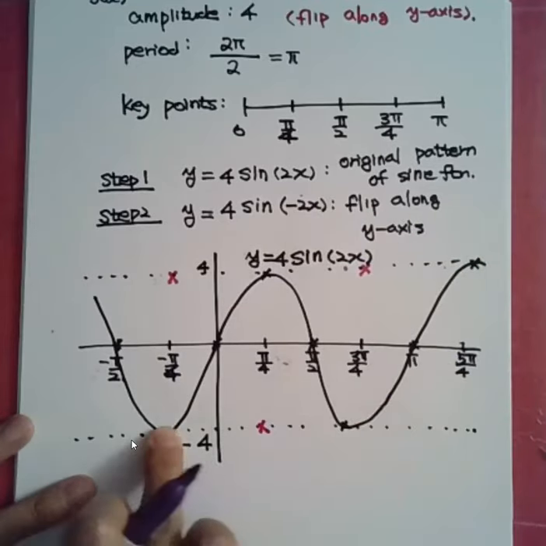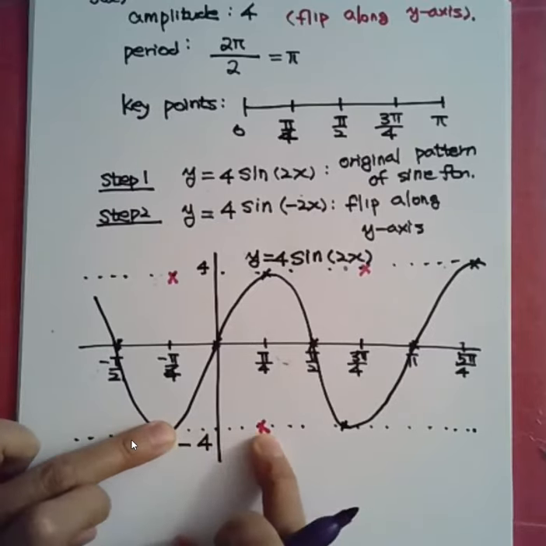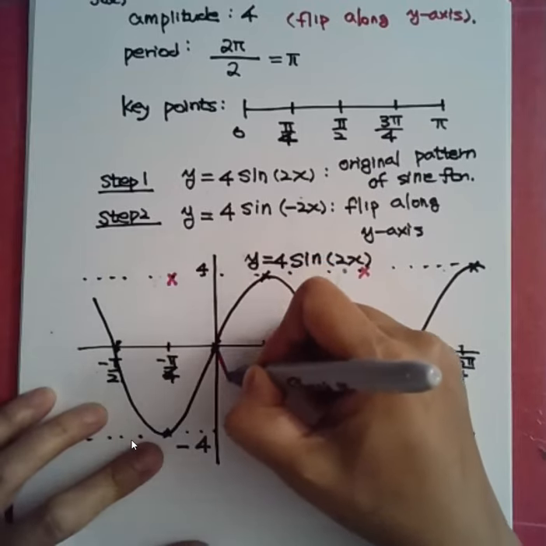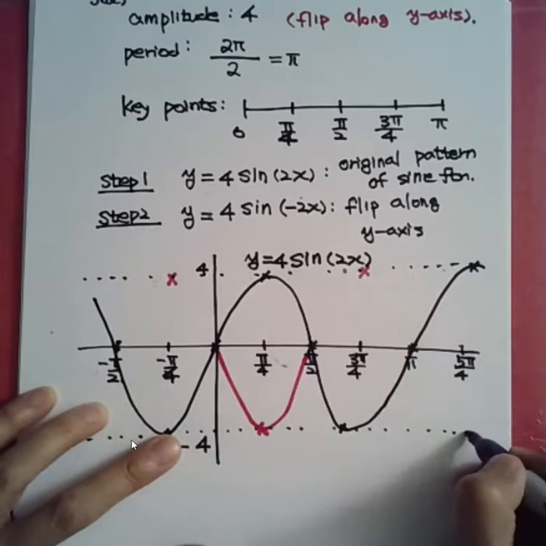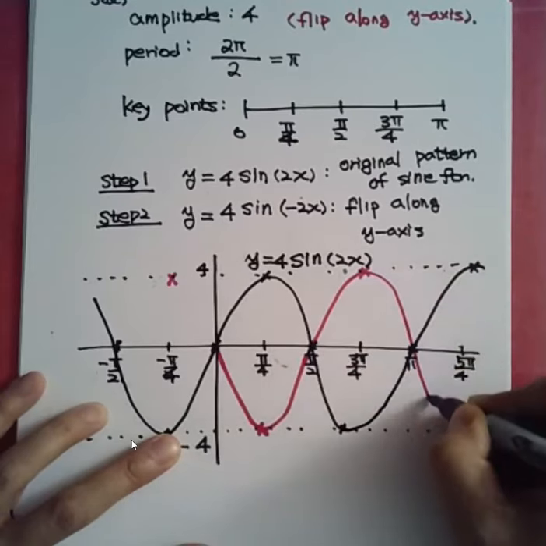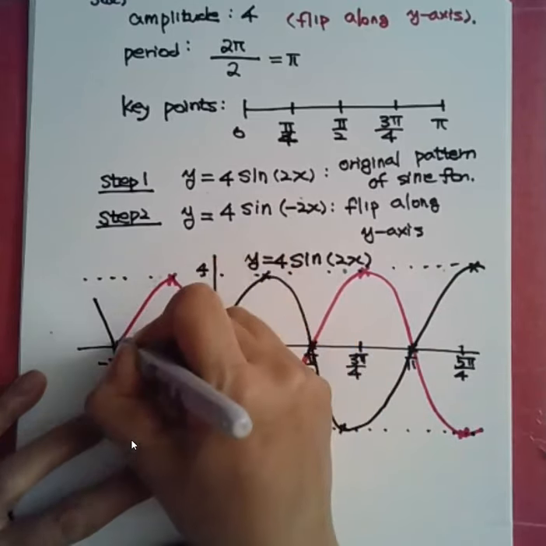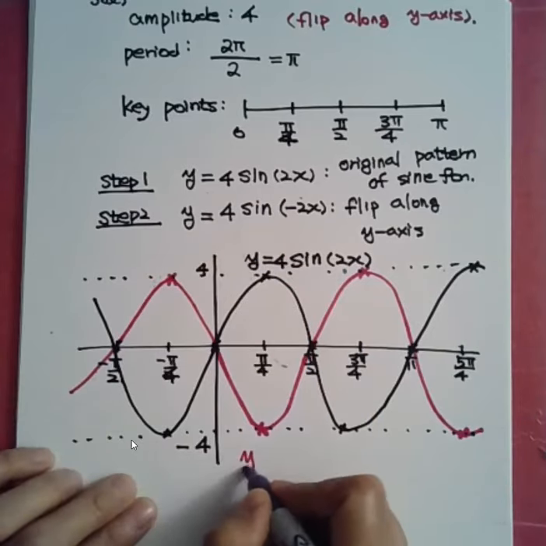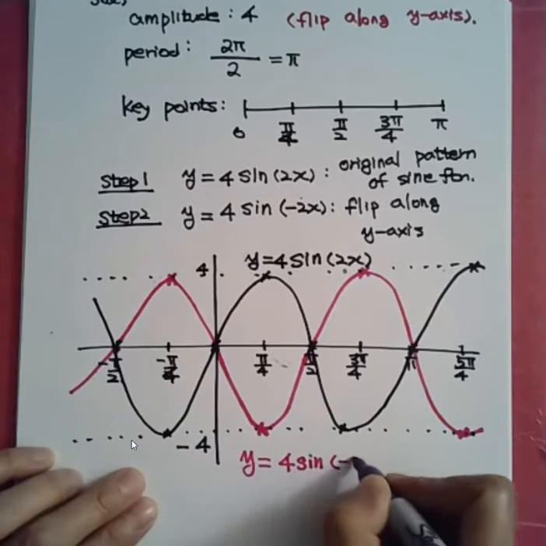So this -1 will be on the right side, and so on. So this graph is y equals 4 sine of -2x.